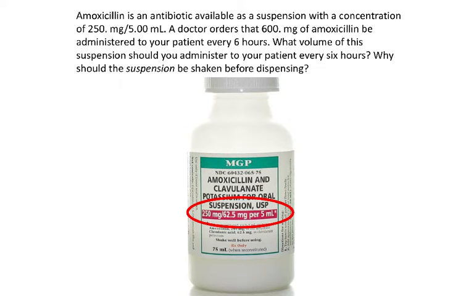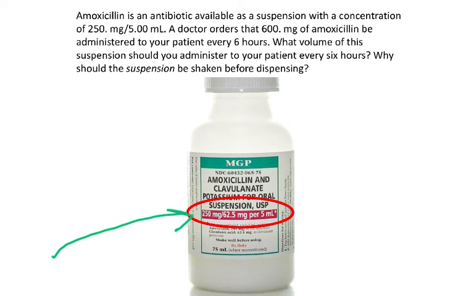Amoxicillin is an antibiotic available as a suspension with a concentration of 250 milligrams per 5 milliliters, as you can see on the label here. The 62.5 here would be the second active ingredient, the clavulanate potassium.